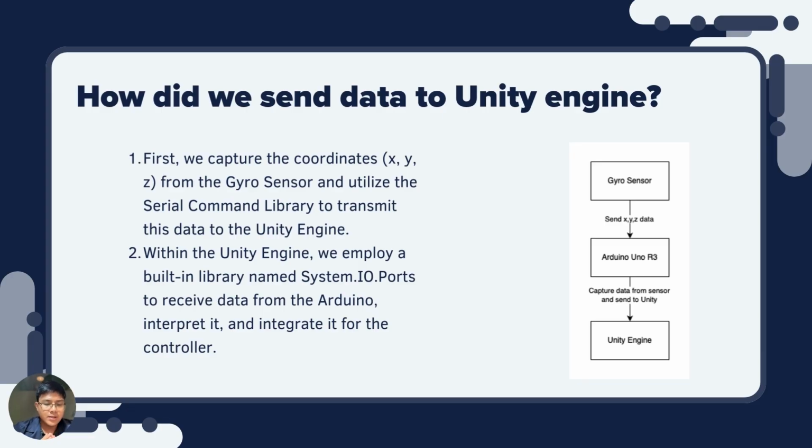Within the Unity engine, we employ a built-in library called System.IO.Ports, which receives data from outside sources and IO ports, and then we interpret and integrate it for the controller, such as turn left, turn right, or go backward.